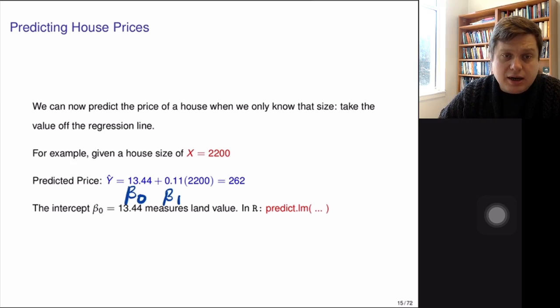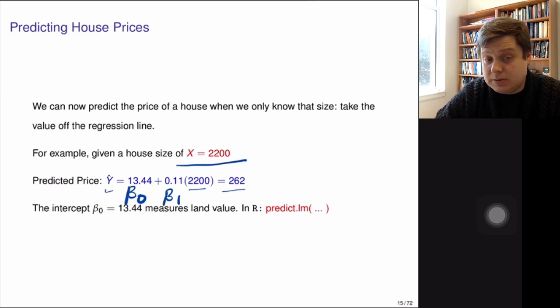Let's say you try to sell your house, and your house has 2,200 square feet, and you try to predict the price of your house. So you ask, what should I ask for? You plug in this x, your input, into the equation that relates the square footage of the house and the price of the house, and you get 262. So 262,000 is the price that you should expect somebody will be willing to pay for your house.